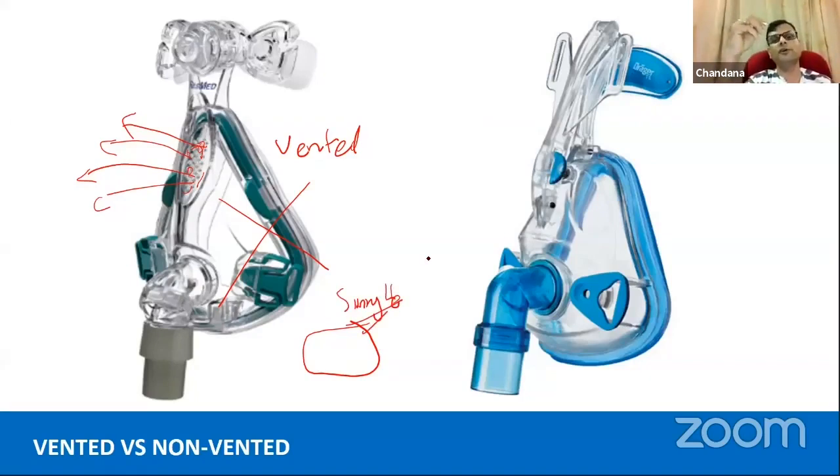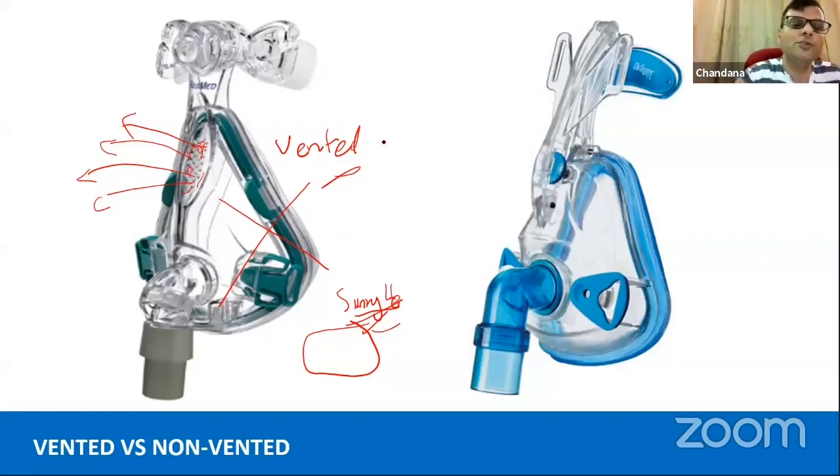Those machines are designed to be used with this vented mask. Now that is a problem, because the most commonly available portable BiPAP devices in Sri Lanka have a single limb circuit, and then you have to connect a vented mask, but it's not recommended in a COVID situation.